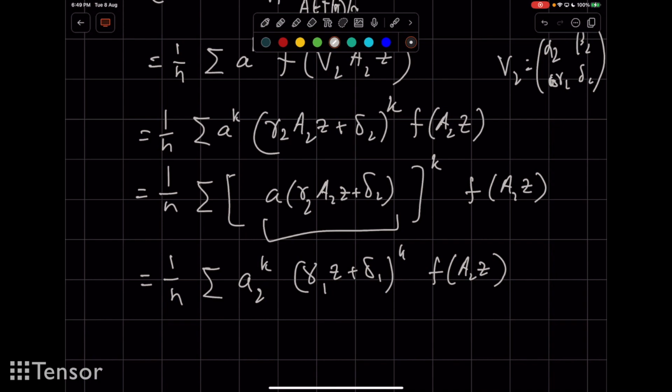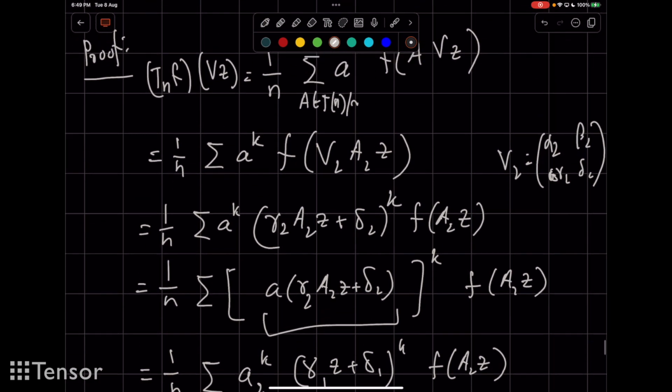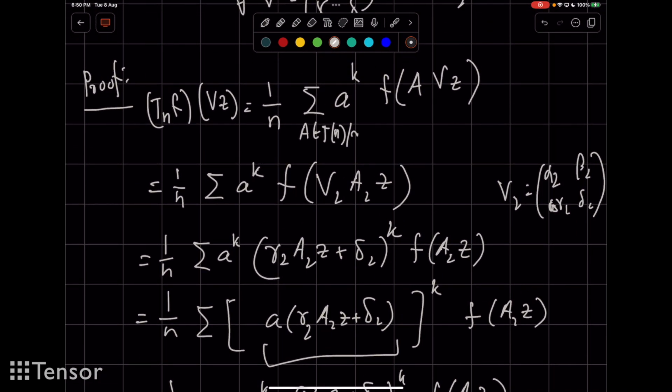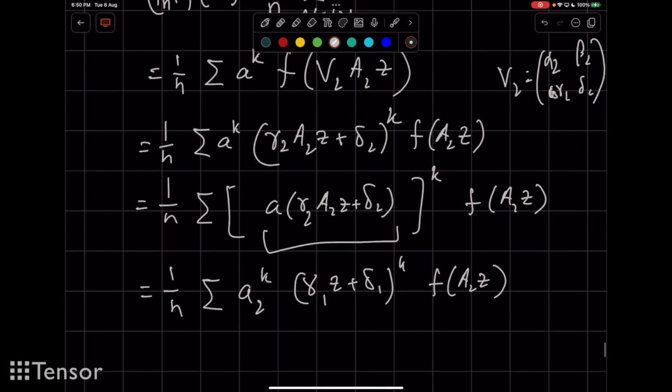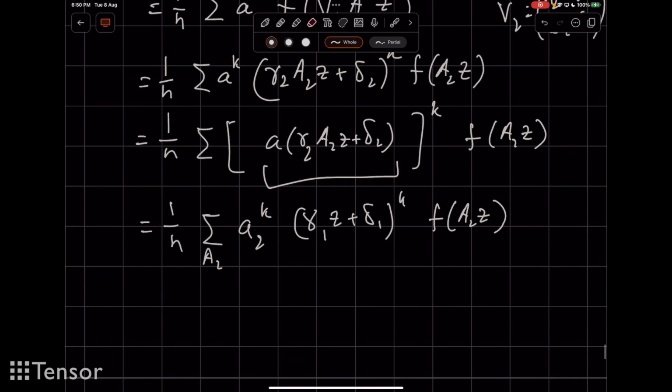Now we are basically done. Why? We need to check that as A runs over all the equivalence classes, so does A2, because this sum is over A2 and A2 depends on A. We need to check that, and that is of course left as an exercise.